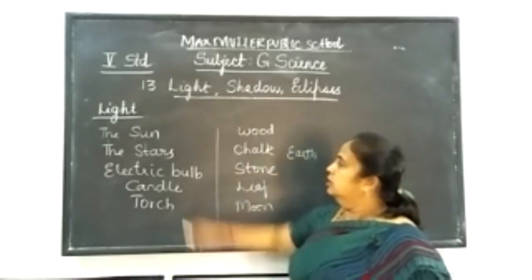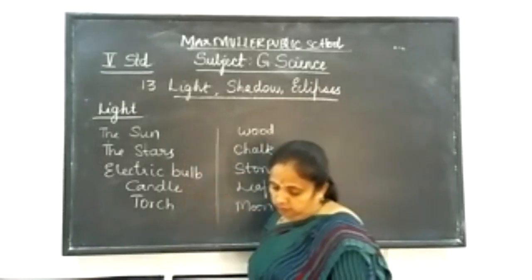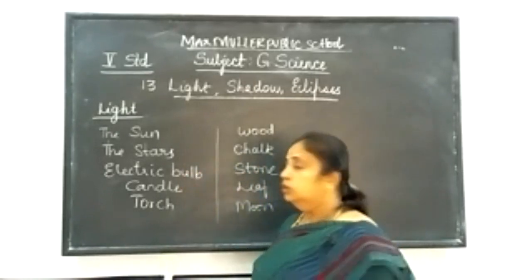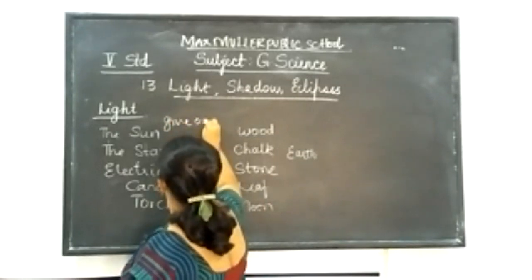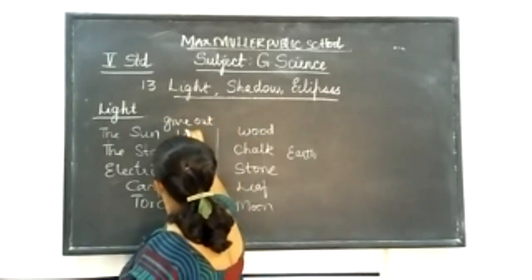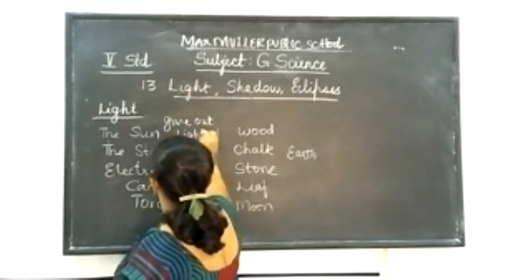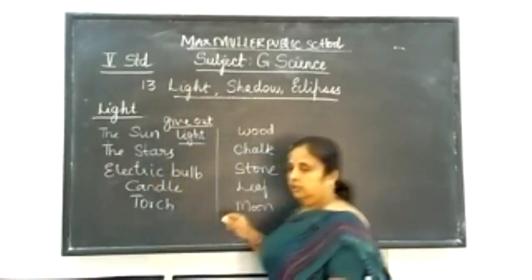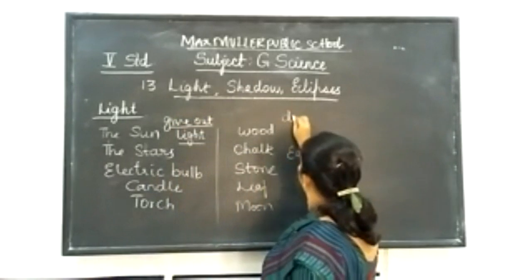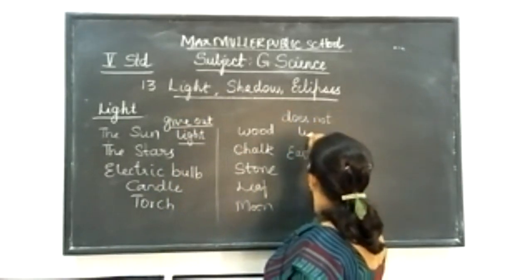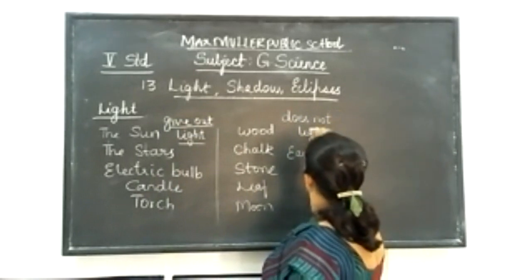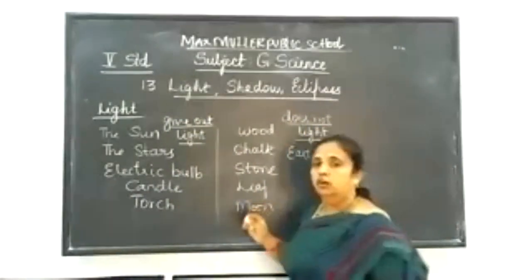These are the things which give out light. They have their own light. And these things do not give out light.